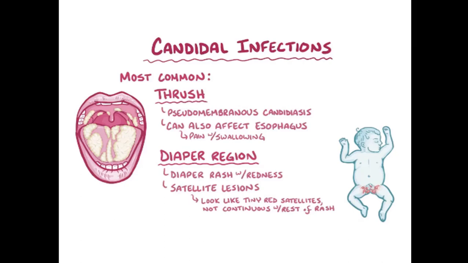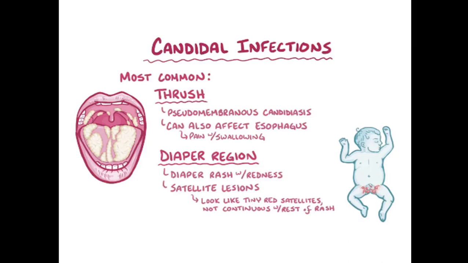The three types of candidal infection are hyperplastic candidiasis, pseudomembranous candidiasis and erythematous candidiasis. In the mouth, pseudomembranous candidiasis occurs, and sometimes the infection can spread to the esophagus, which becomes infected and inflamed, known as esophagitis, and it can cause pain and difficulty in swallowing.